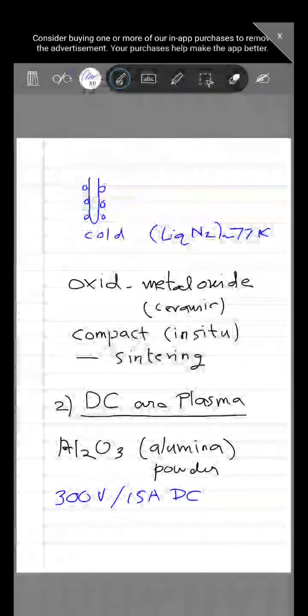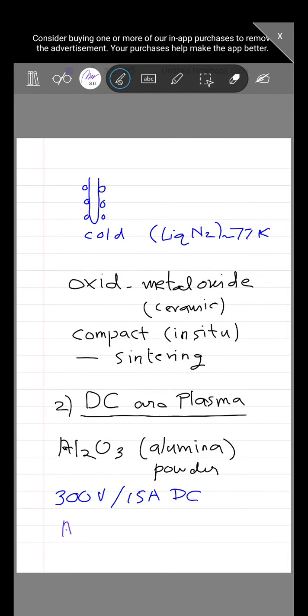We're using aluminium electrodes, and it is kept in a closed chamber.